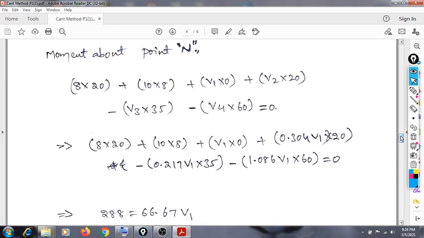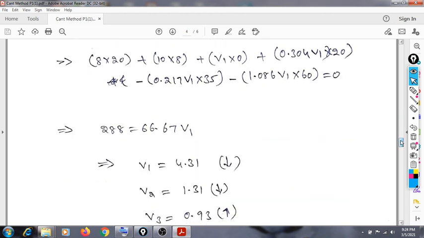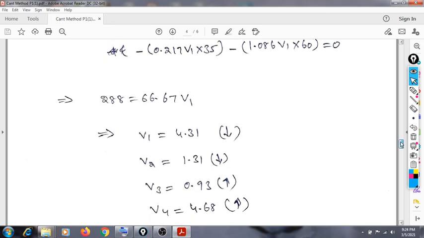So when we substitute v2, v3 and v4 in terms of v1, we get v1 value as 4.31, because it is positive we are taking it as downwards, and substituting v2, v3 and v4, we get these values. So we are keeping these values as the same.